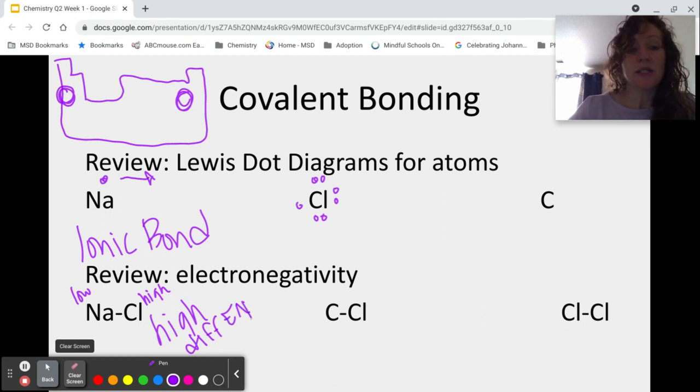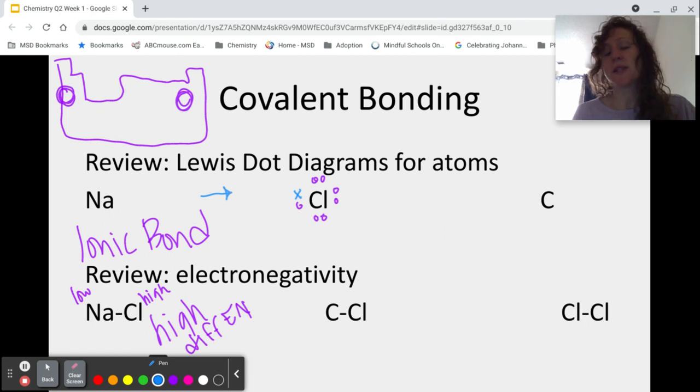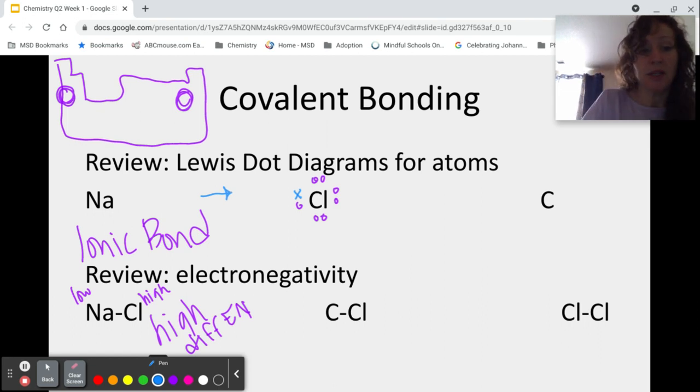And so sodium is going to tend to give its electron up and chlorine is going to take it. So if we were going to draw a Lewis dot diagram for an ionic compound, it would look something like this.